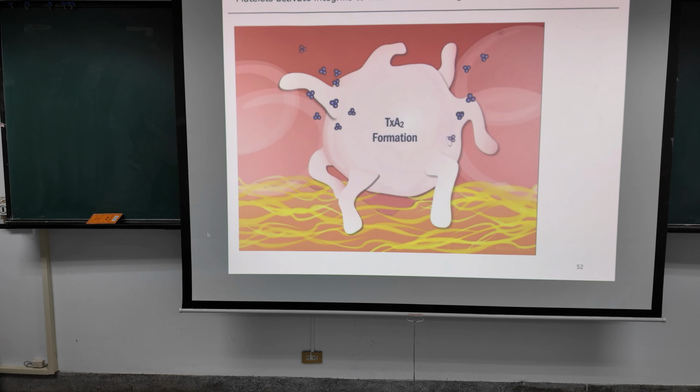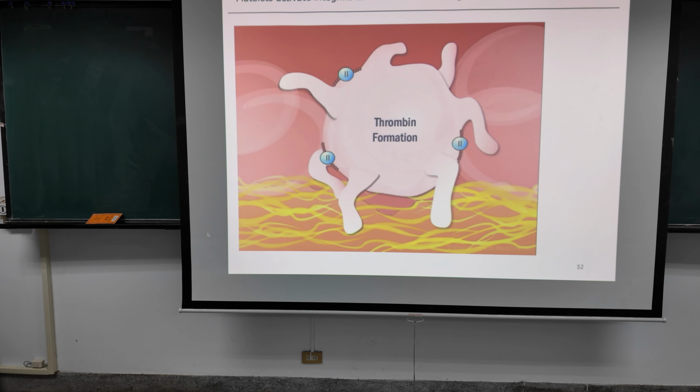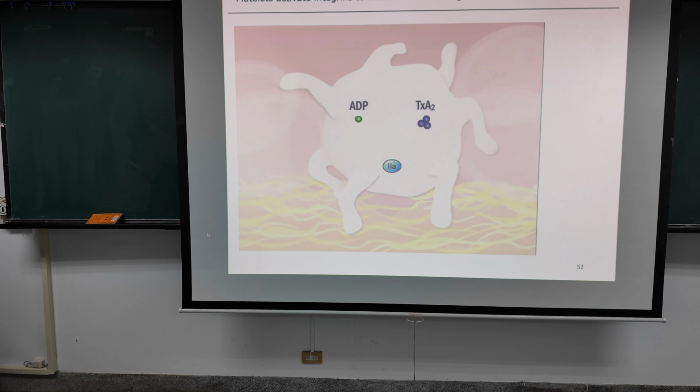Details are shown in figure 26.5. The most potent platelet aggregating agent, thrombin, shown here as factor 2A, is formed via the coagulation pathway from prothrombin, or factor 2, on the procoagulant surface of the activated platelet. Details are shown in figure 26.6. ADP, thromboxane A2, and thrombin bind to specific platelet membrane receptors and stimulate aggregation on and around the platelets adherent to the subendothelium via receptor-mediated signal transduction events.